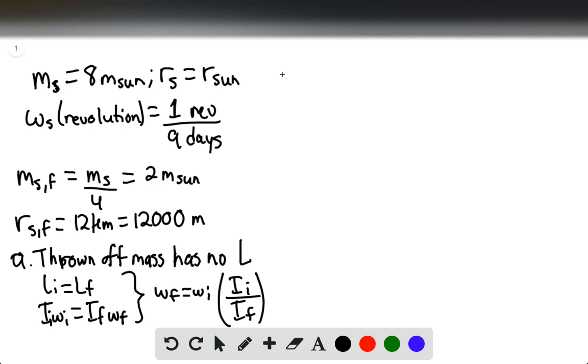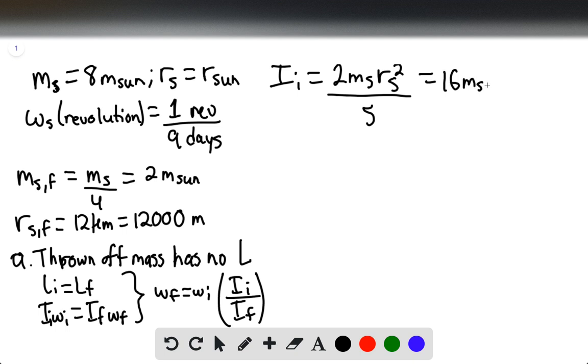Now, I initial is going to be equal to 2 times the mass of S times the radius of S squared all over 5, or we can say 16 times the mass of the sun, radius of the sun squared divided by 5.